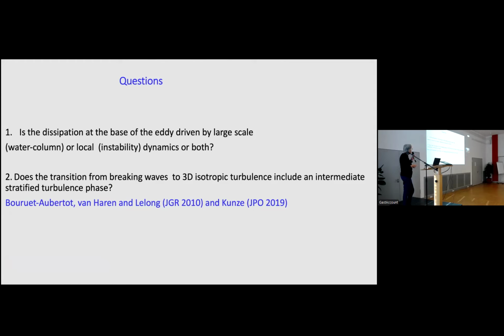And another motivating question, spurred on by two studies, one by our group in 2010 and one by Eric Kunze in 2019, unifying the theory of all the spectra that are observed in the ocean: does the transition from breaking waves to 3D isotropic turbulence include a stratified turbulence intermediate phase? We don't know that. So can we answer this?